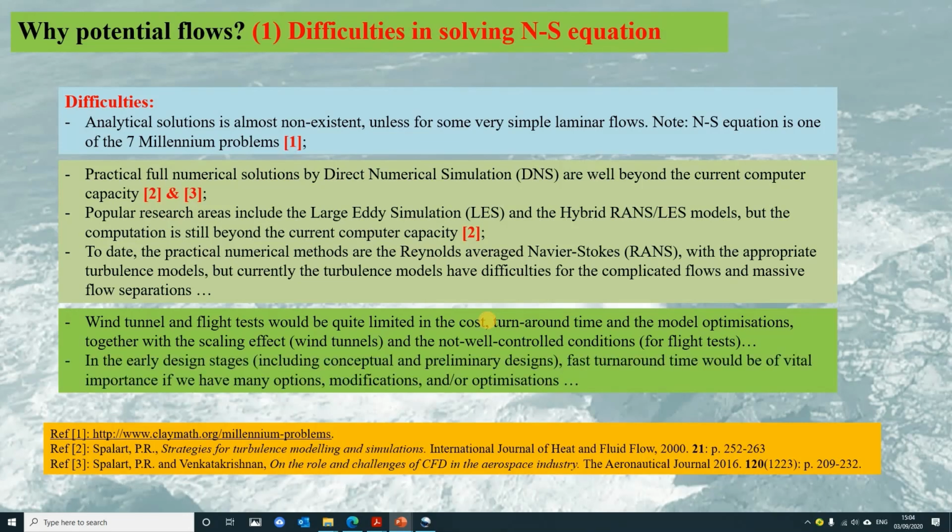An important aspect in the earlier design stages, including conceptual and preliminary design, is that faster turnaround time is vitally important if we have many options, modifications, and or the need for optimizations.